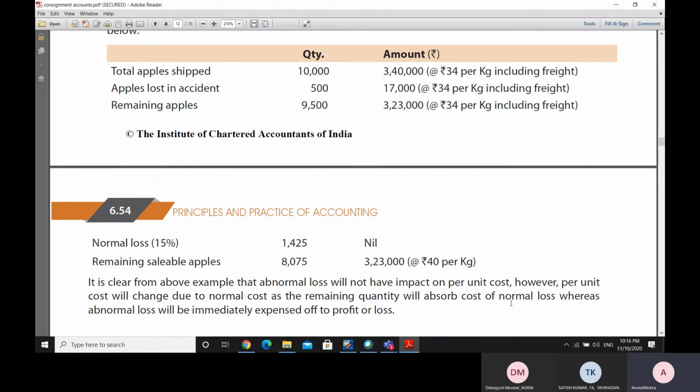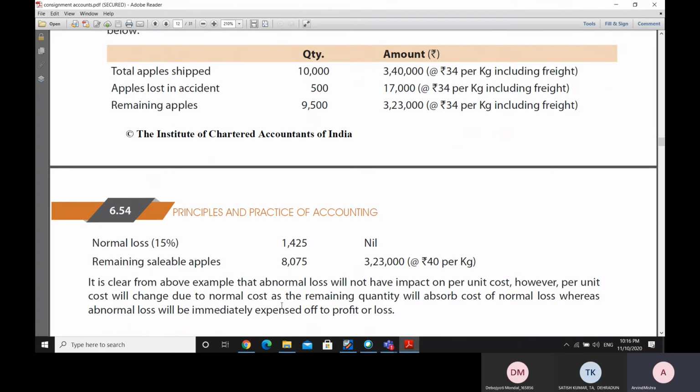The normal loss is bound to happen, whereas abnormal loss will be sent to the profit or loss, because abnormal loss is a straightforward loss and it does not get loaded on to the price. Therefore, if any abnormal loss is happening, it is a straightforward loss of the consignment business.